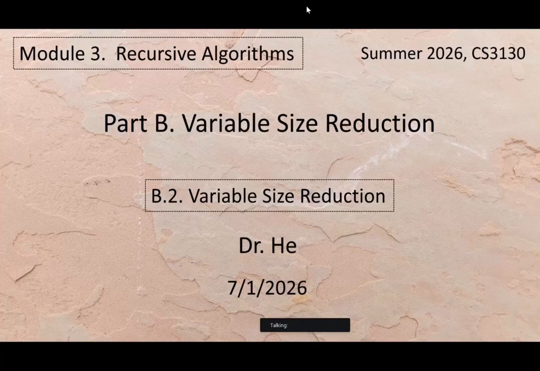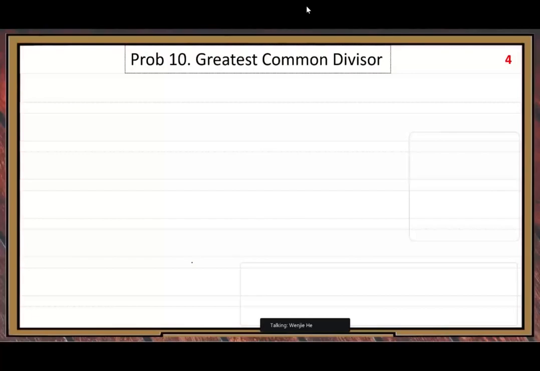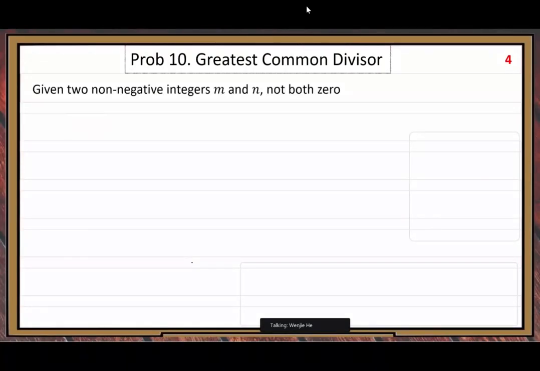So let's look at problem number 10, the greatest common divisor problem. Given two non-negative integers m and n, not both 0, find their greatest common divisor, GCD of m and n.